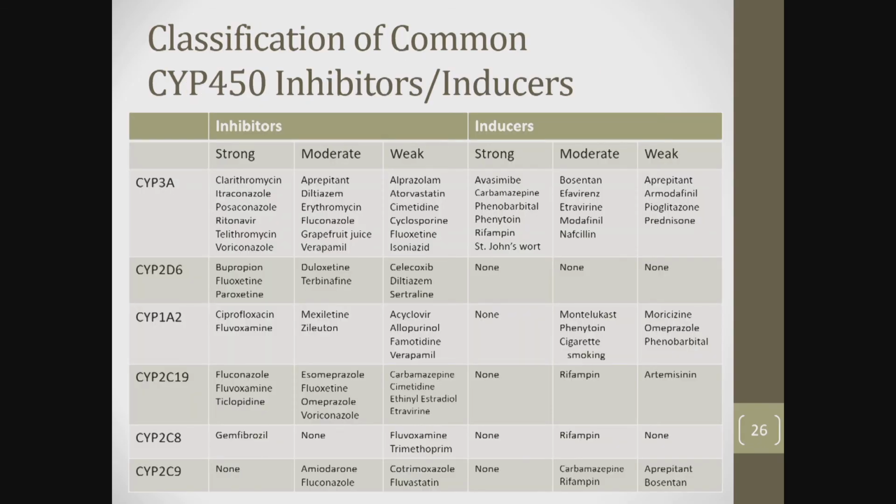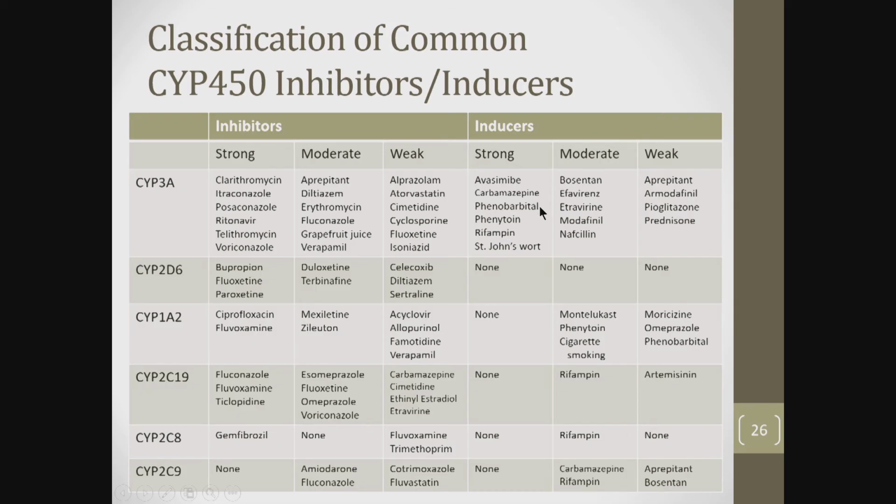This table shows a number of classic and common inducers and inhibitors of CYP450 enzymes. Just to point out in the strong CYP3A inhibitor list, again, we have some macrolide antibiotics. The azole antifungals such as itraconazole, posaconazole, voriconazole are classic strong CYP3A inhibitors. On the inducer side, again, we talked about Rifampin as a classic strong enzyme inducer.